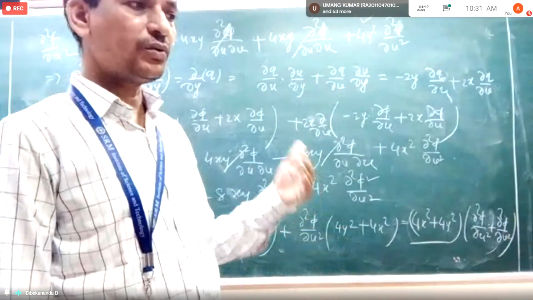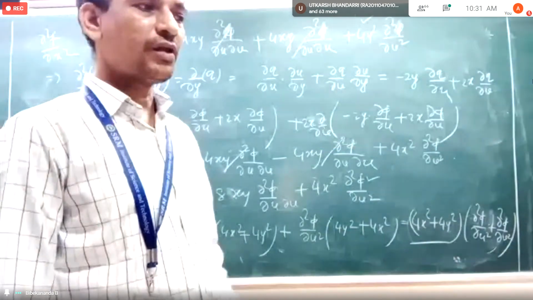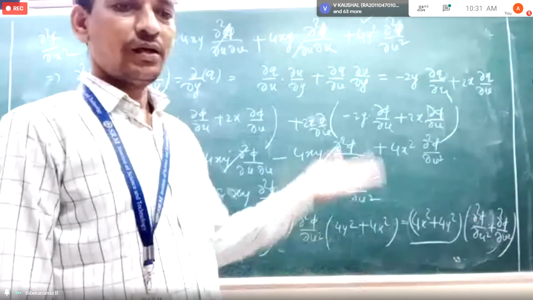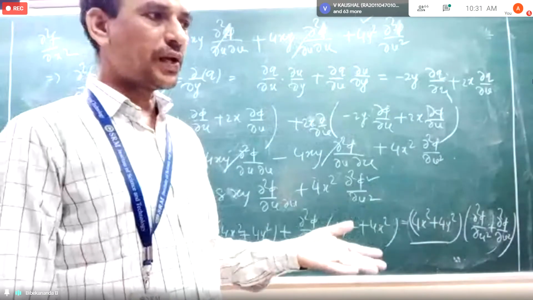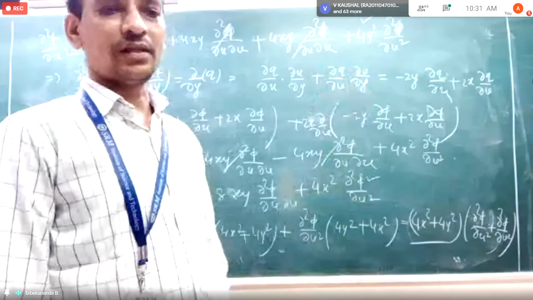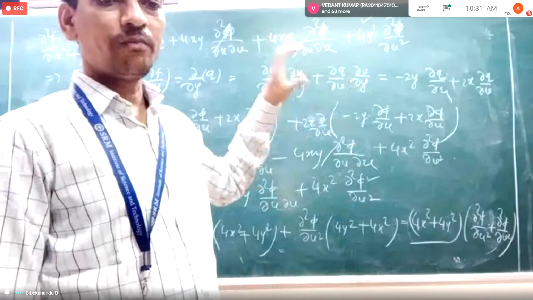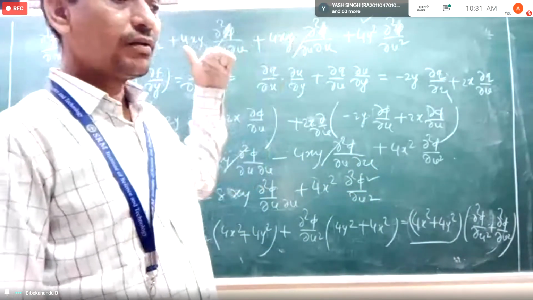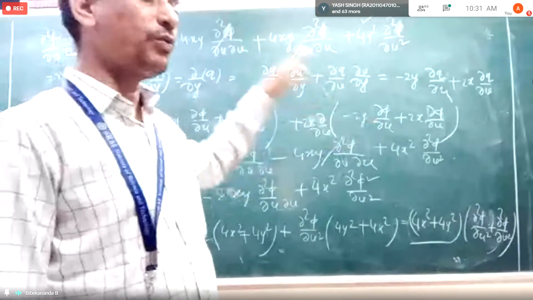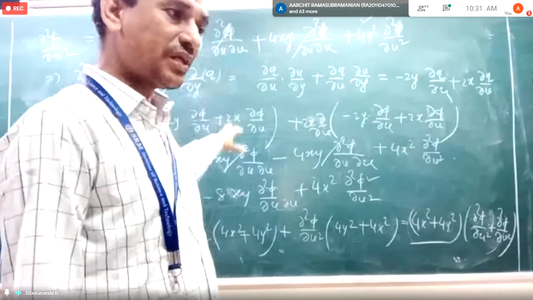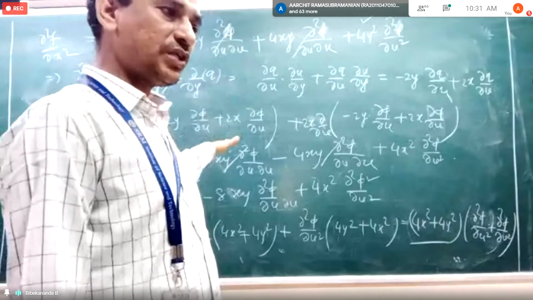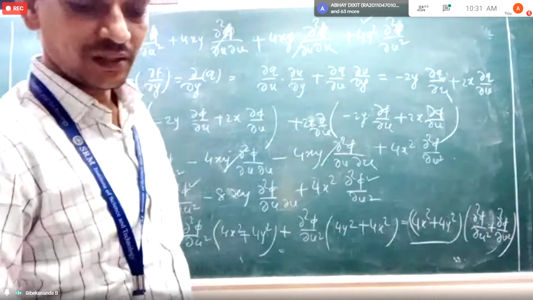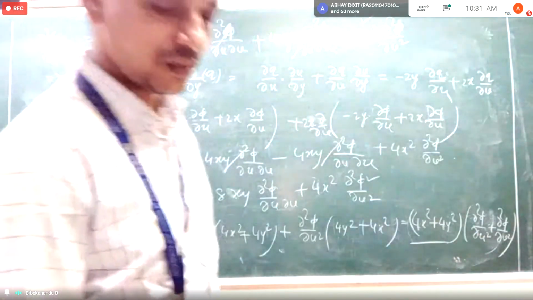We will go to Taylor theorem and expand the function using it. Then maxima, minima, and then Lagrange multiplier. These are the 3 important topics. In all of them, we will use this concept: what is partial derivative, how can we find the chain rule, and how can we use that. So these are the things we will discuss in the next class.